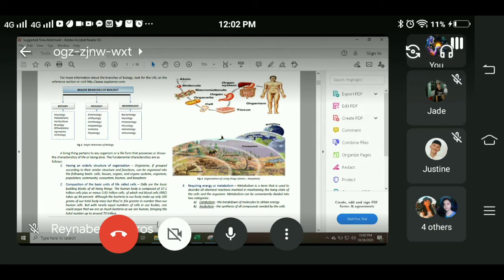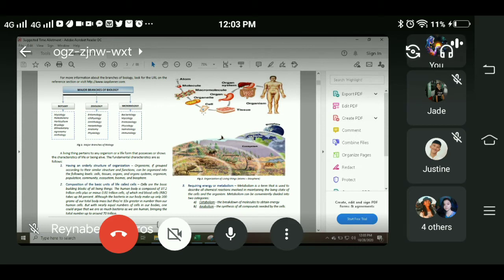Okay? So, let's say, this atom, okay, the smallest particle, turned into a molecule, then turned into macromolecule, then the organelle. Etong atom, molecule, macromolecule, and the organelle composes the cell. Okay? Doon siya matatagpuan.